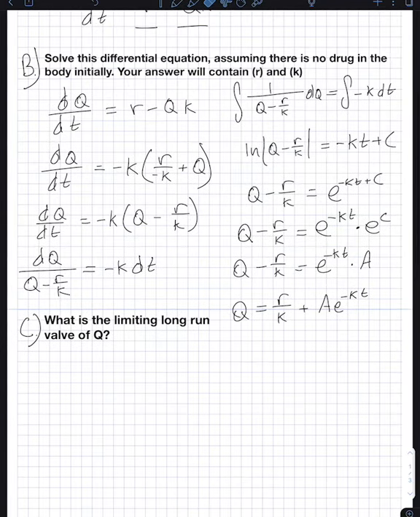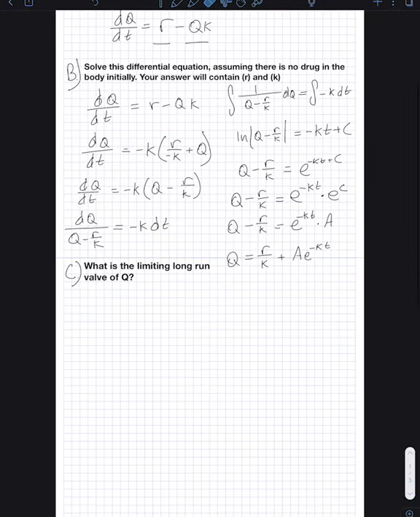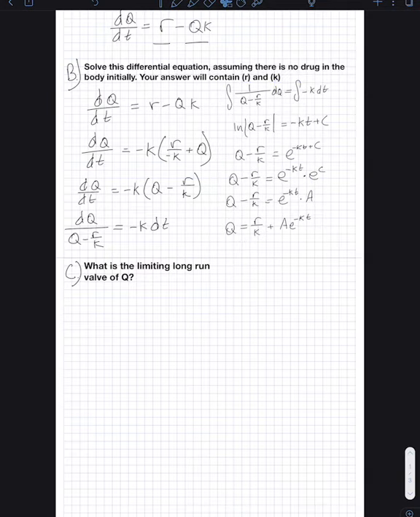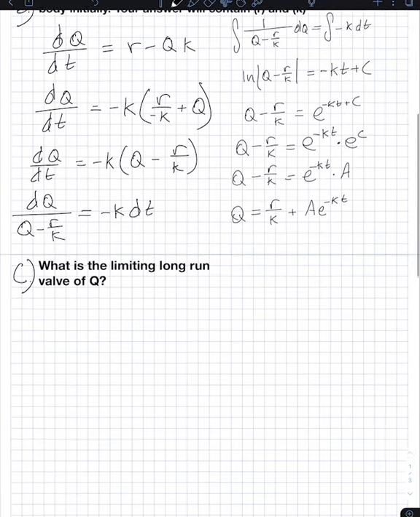From there, we can solve for A. The original problem says there's no drug in the body initially, so at time t equals 0, the quantity is 0.